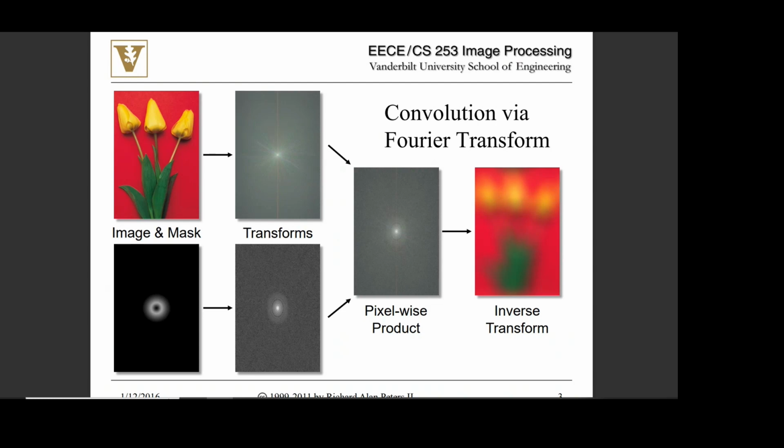Let's say that I have this image. This is the Fourier transform, or the amplitude of the Fourier transform. I want to convolve it with this mask, and then I do the Fourier transform of the mask. I multiply the two point by point.